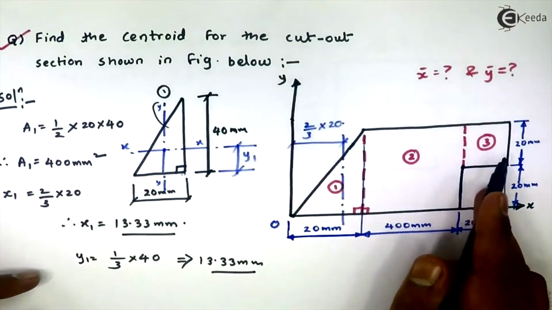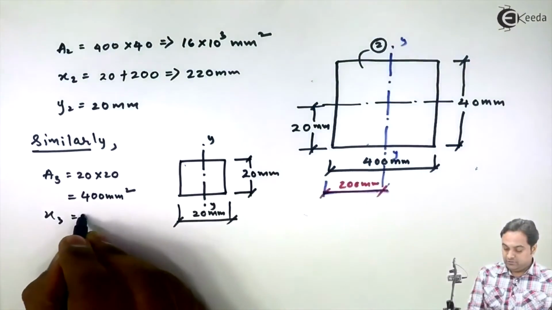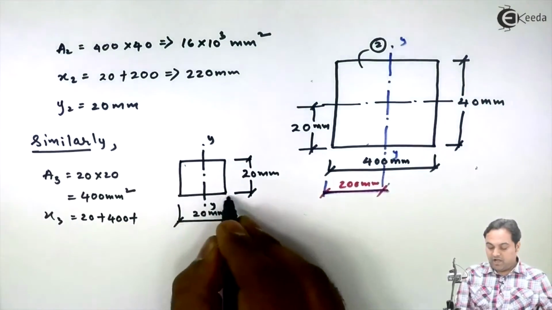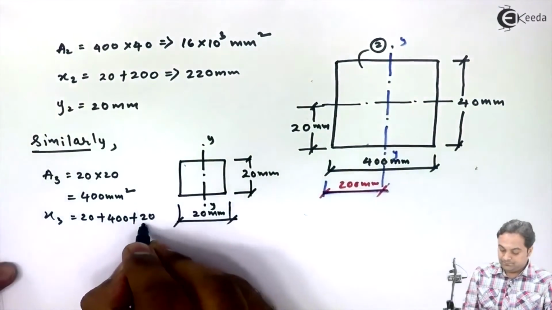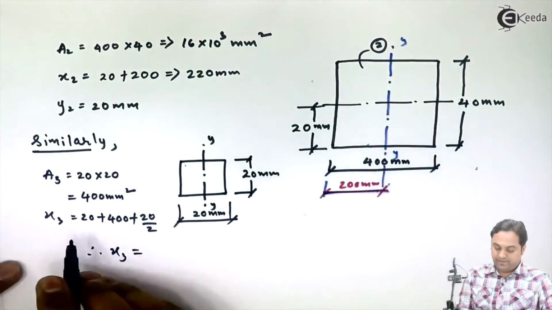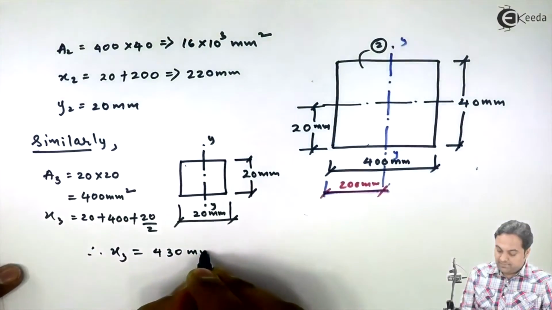Figure 3 starts after 20 plus 400, so it is 20 plus 400 plus half of 20. Therefore x3 value will be 430 mm.